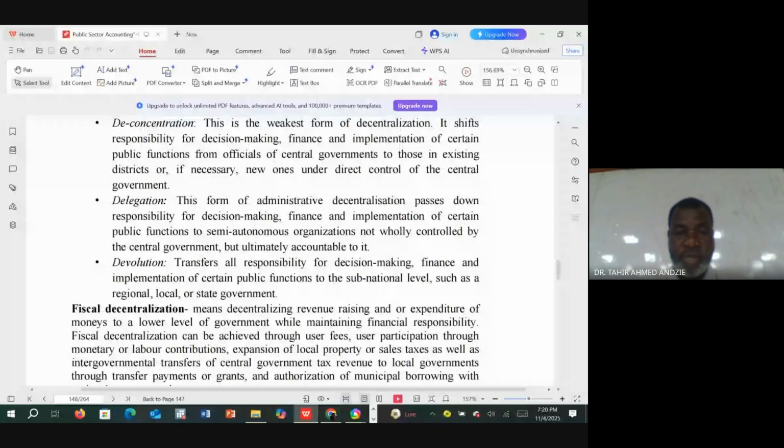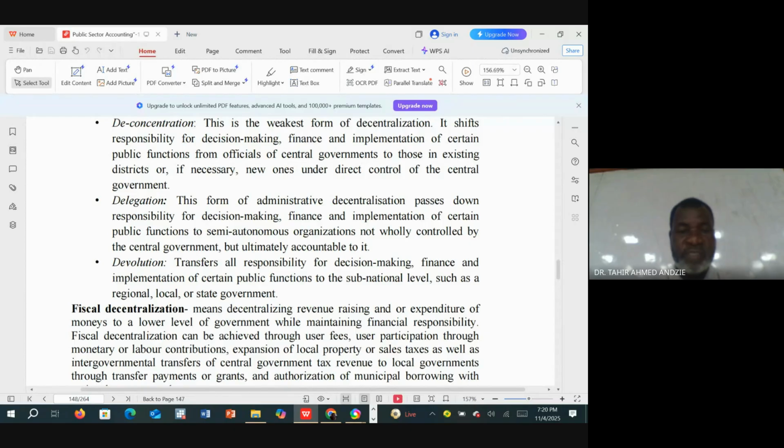So under this one, it's a delegation. When you have been delegated to do something, you are given the power and authority to make a decision regarding finance and implementation of certain functions. But once it is a delegation, you will still be answerable to someone, right?